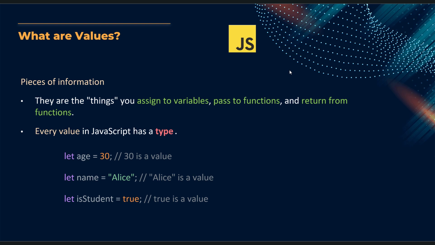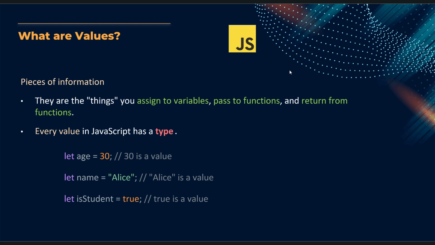A really important thing to remember is that every single value in JavaScript has a type. This type tells us what kind of data it is and what cool things we can do with it. For example, if we have let age = 30, that number 30 is a value.